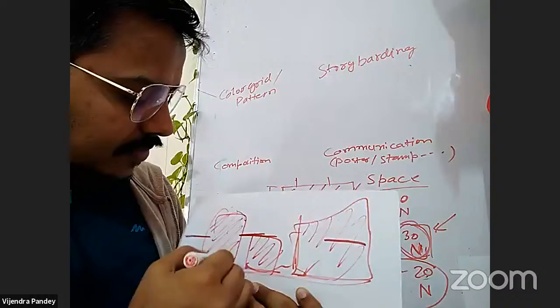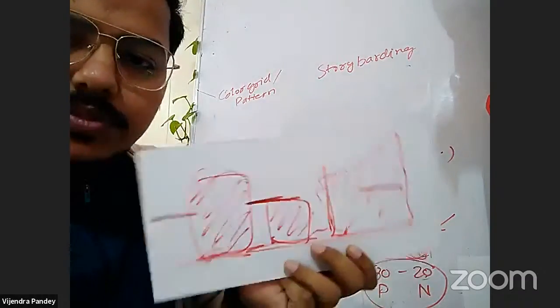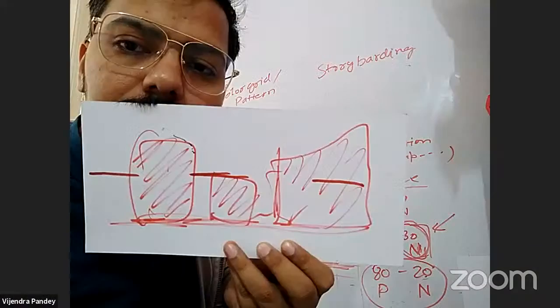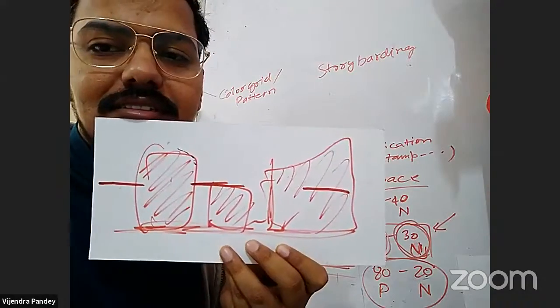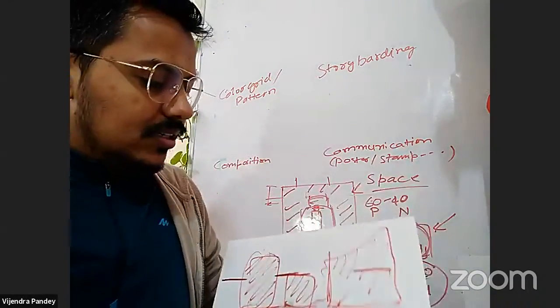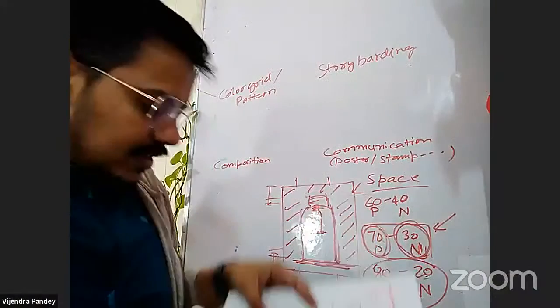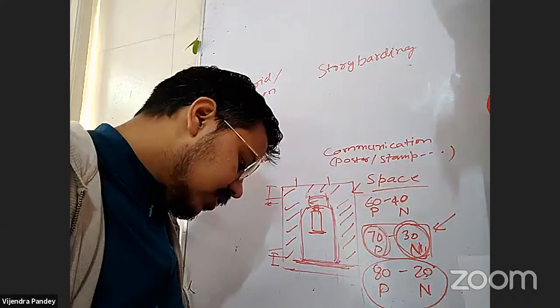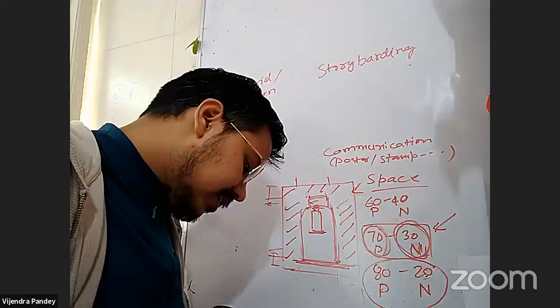How much space is getting covered here? 65, yeah, around 65. 70. Around 65 is being covered. Now, if you provide a base right here, that is going to be converted into a positive area.